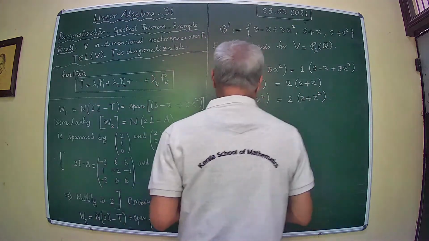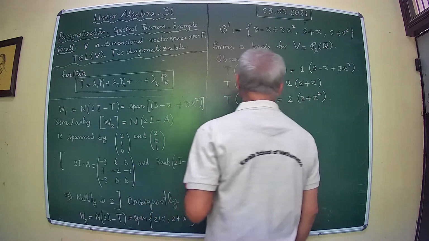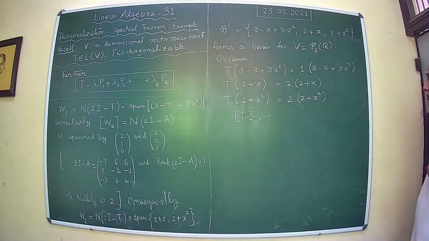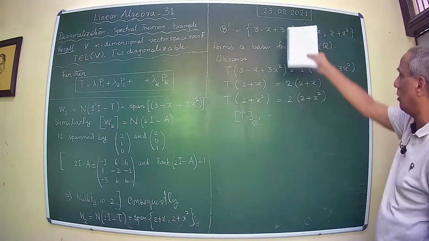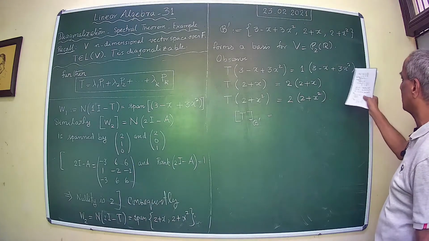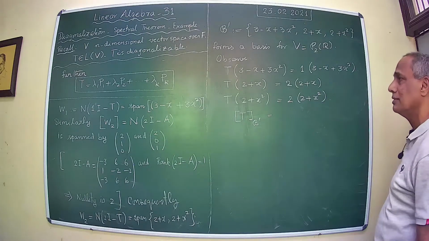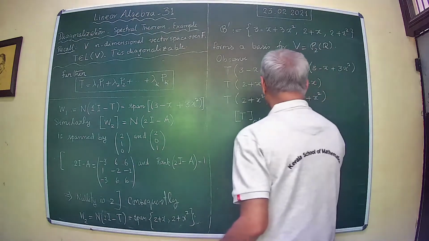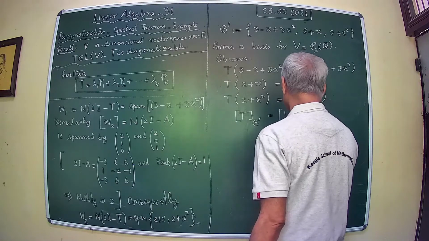Now let us write down this. What is this? See, if you write this in terms of the ordered basis, that is 1 times 3 minus x plus 3x square plus 0 times 2 plus x plus 0 times 2 plus x square. Therefore the first column of the representing matrix is going to be 1, 0, 0.